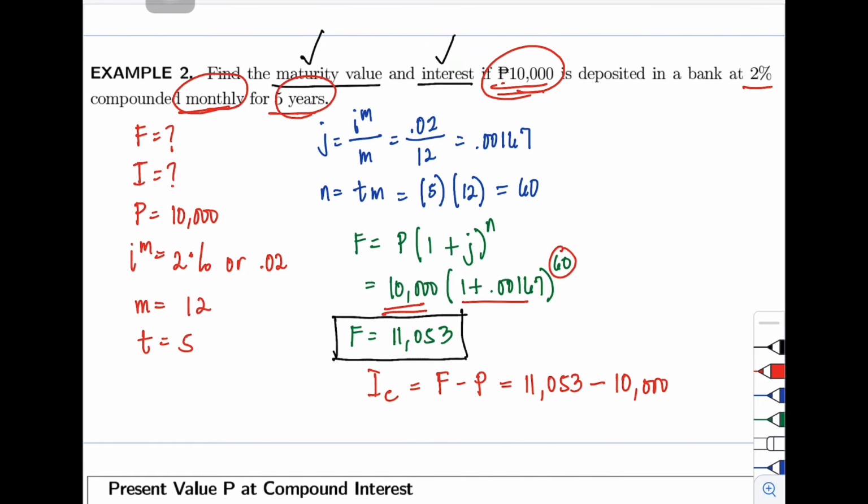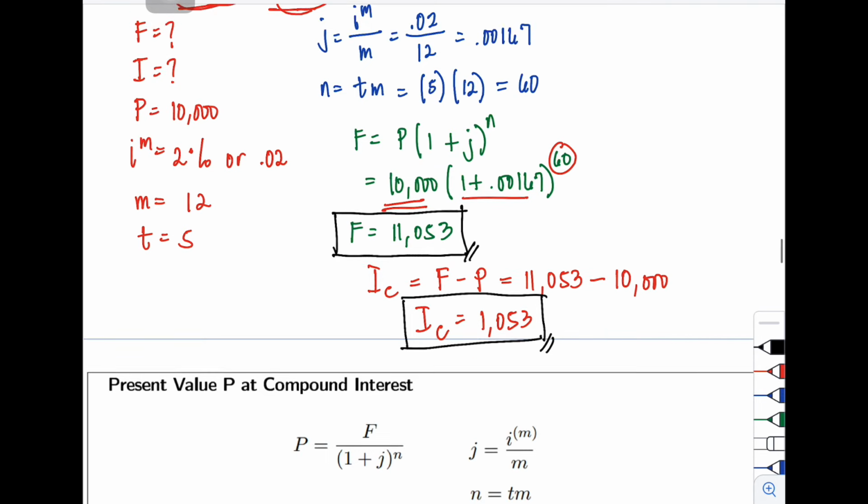So, dito guys, ang ating compound interest natin is equals to 1,053. Okay, so ito yung tinubo. So, from 10,000, naging 11,053. Okay, so naintindihan ba guys kung paano mag-solve ng maturity value or the future value?